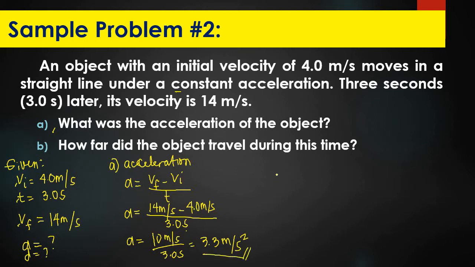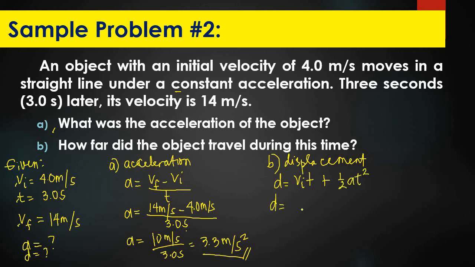Let's proceed with letter B. For letter B, our problem is the displacement. How far did the object travel during this time? Based on our given data, we have VI, T, VF, and acceleration. So that's the formula mentioned earlier: D is equal to VI times time plus 1/2 AT squared.